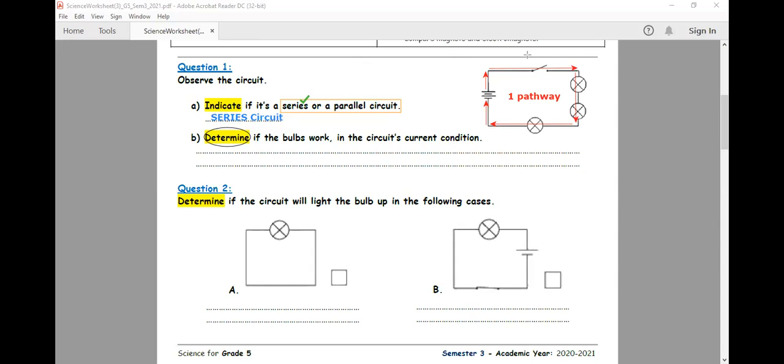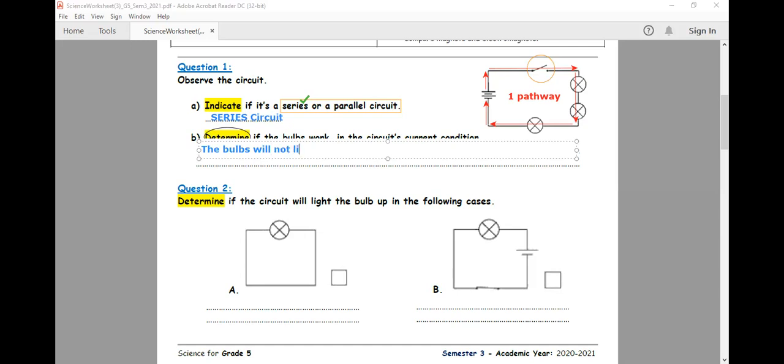Look at the switch, guys. The switch is off, and this is an open circuit. So is the electric current flowing through? No. Help me with the answer. The bulbs will not light up because the switch is off.